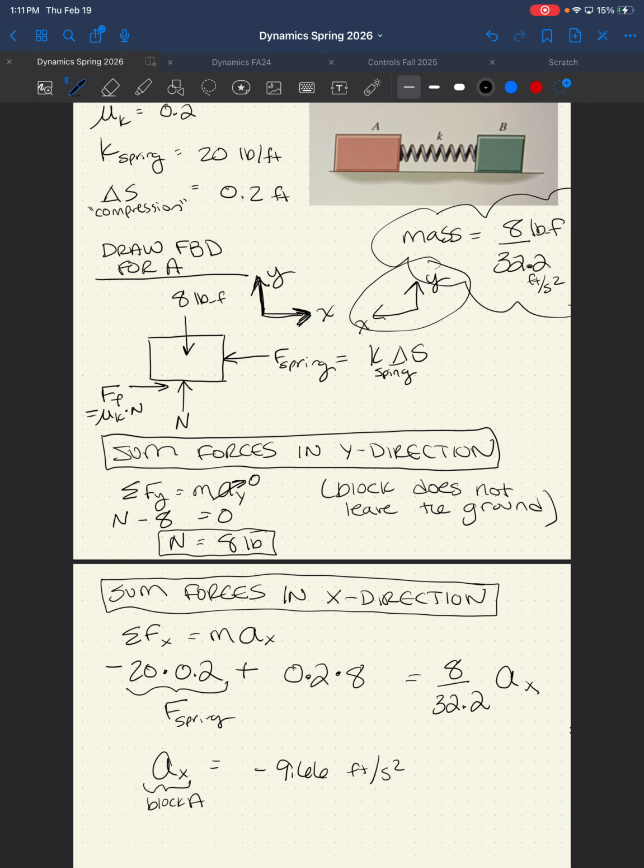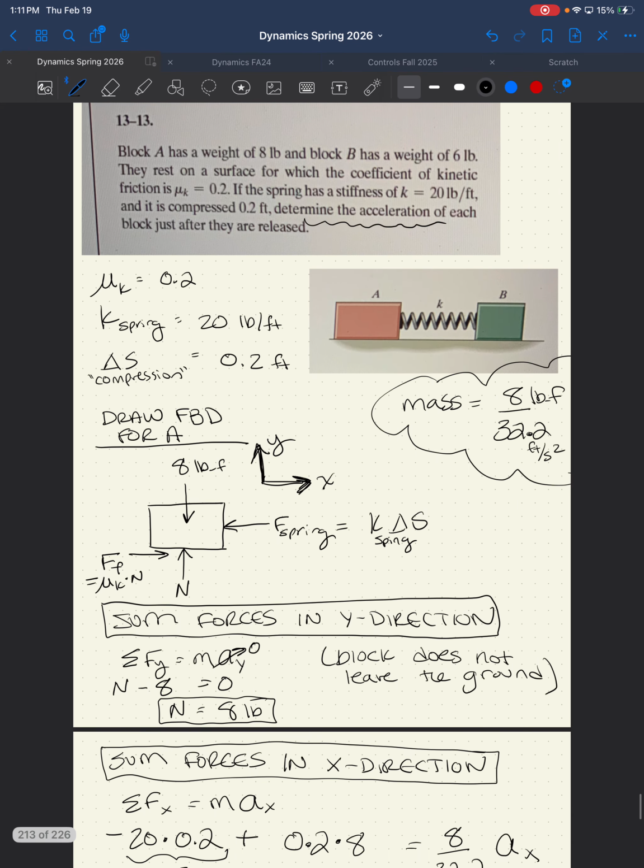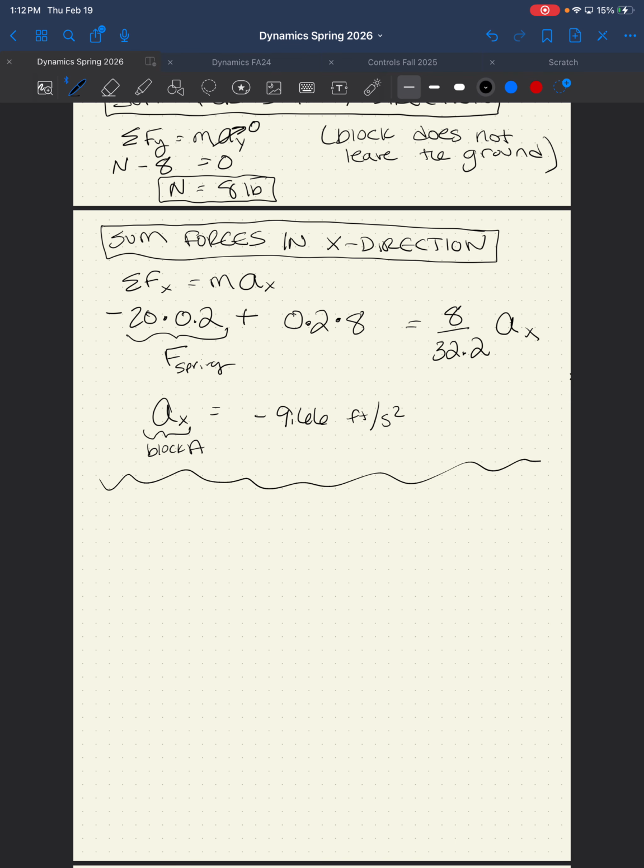Okay, test yourself, see if you can draw the free body diagram of block B. Okay, ask yourself, did you get it or did you forget some forces?